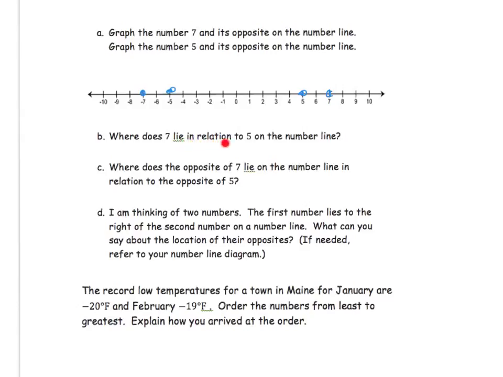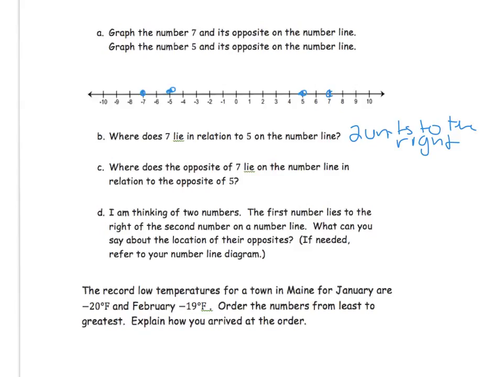So, question, where does 7 lie in relation to 5 on the number line? So here is 5, here's 7. So it lies 2 units to the right.